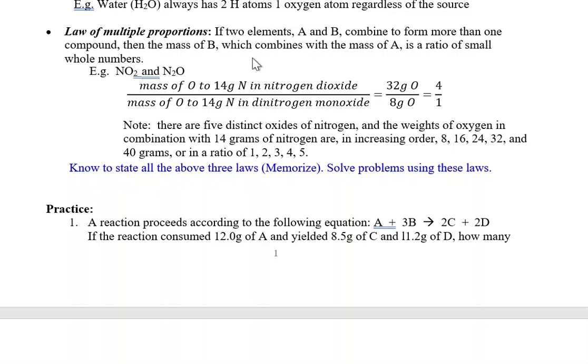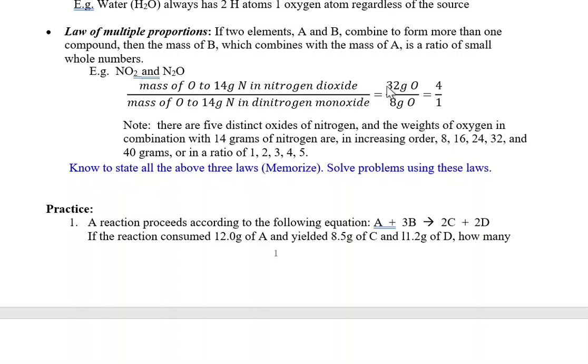So the first thing you notice in our example here is we're going to keep the mass of nitrogen the same. Both of these have 14 grams of nitrogen, but we're going to change the mass of oxygen.